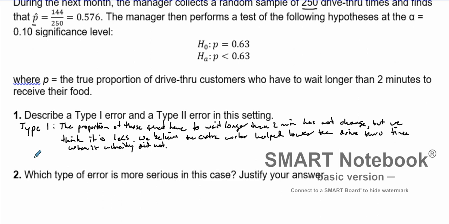Now, a type 2 error is where what is true is that the alternate hypothesis is true. So actually, it did lower it.